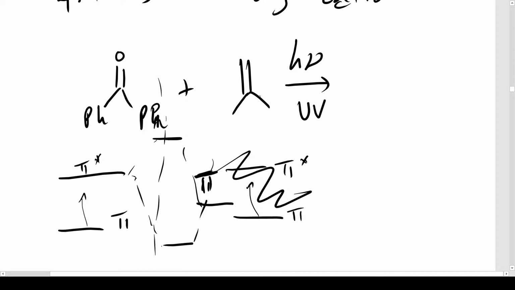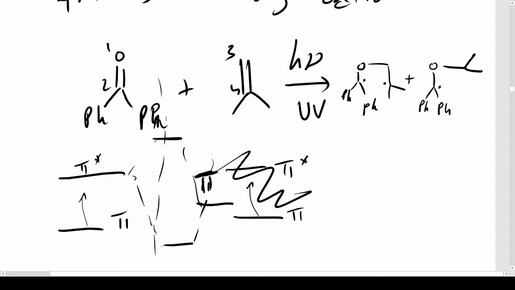So two types of product, okay, you have 1, 2, 3, 4, or addition 1, 3, 2, 4, or 1, 4, 3, 2. So you have two couples of product. You have this one, phenyl, and this one, intramolecular cyclization of this double bond.